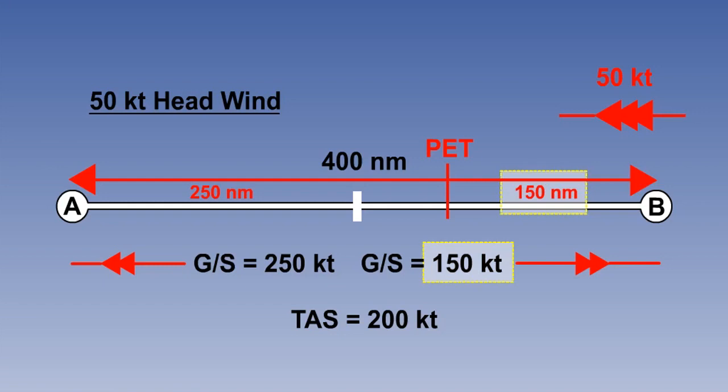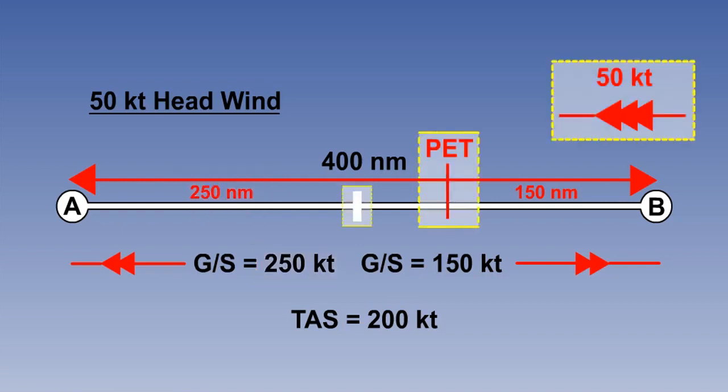The distance onwards will be 150 miles at 150 knots, and the distance home will be 250 miles at 250 knots. The effect of the headwind has therefore been to move the point of equal time towards the direction that the wind is coming from.